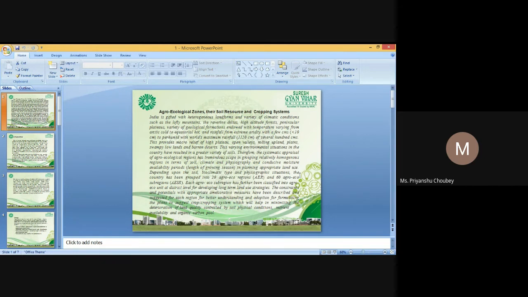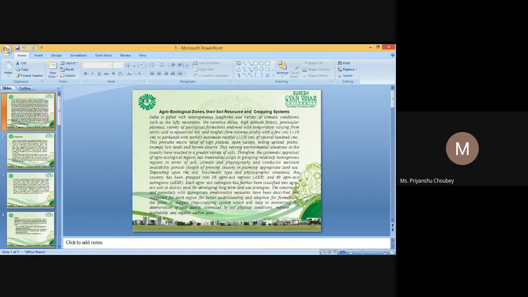Therefore, a systematic appraisal of agro-ecological region has a wider scope in grouping relatively homogeneous regions in terms of soil, climate, physiography and moisture availability periods, length of growing season, and planning appropriate land use.